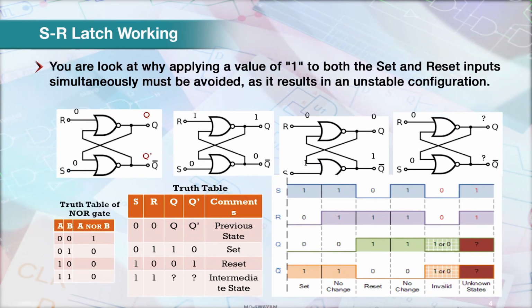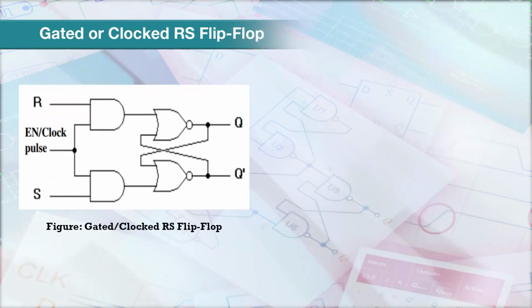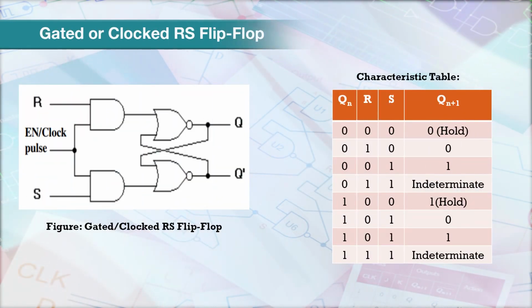You can look at why applying a value of 1 to both the set and reset inputs simultaneously must be avoided, as it results in an unstable configuration. Here we will discuss a type of gated RS flip flop.